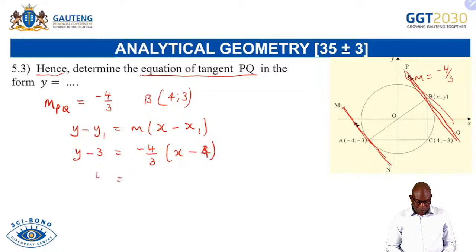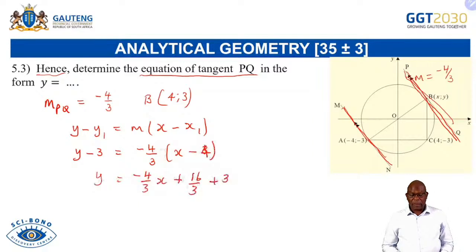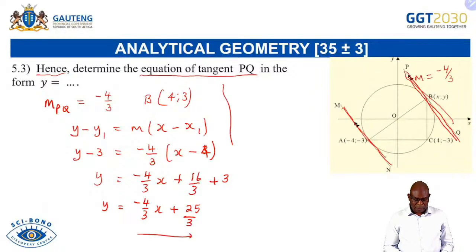There I'll have y equals negative 4 over 3x. Negative times negative is positive 16 over 3. Bring over the 3, this side shall have a 3. So I'm going to have y equals negative 4 over 3x plus 25 over 3. There's the equation of the line.